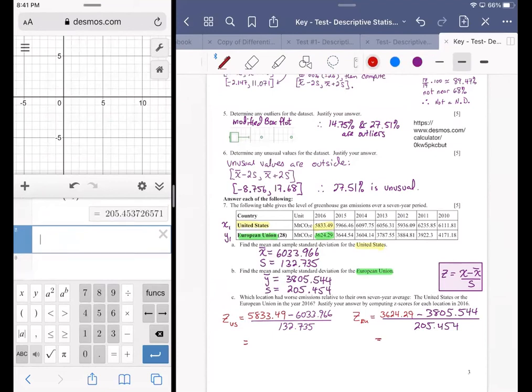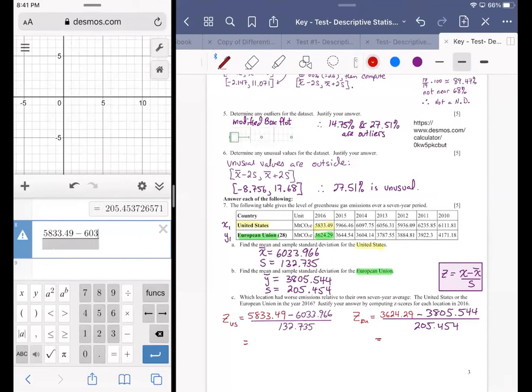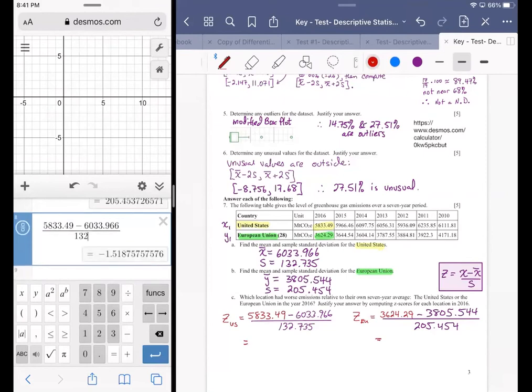All right, so fraction 5833.49 minus 6033.966 over 132.735. So we're looking at about negative 1.510.